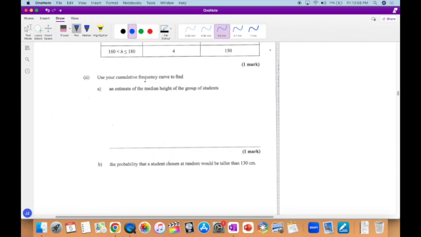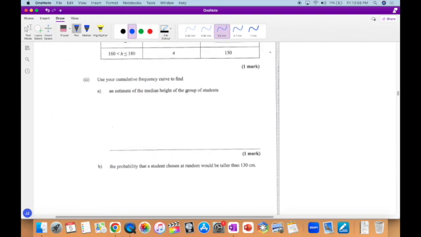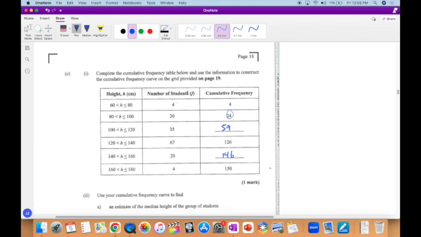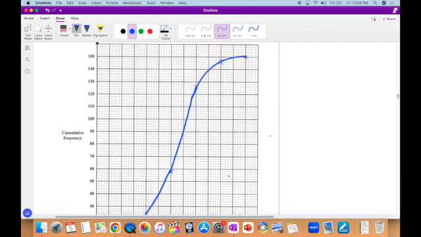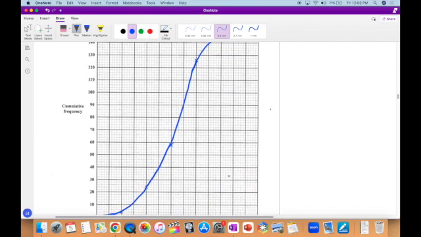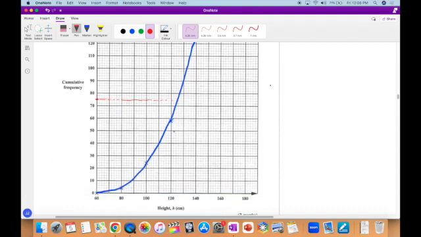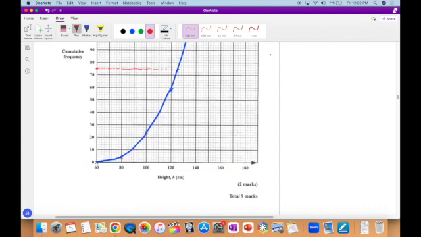And they say use your cumulative frequency curve to estimate the median height of the group of students. So the median height will be the middle. There are 150 students, so the middle will be about 75. So around there-ish, we could cut around here, and then we'll come down from here.